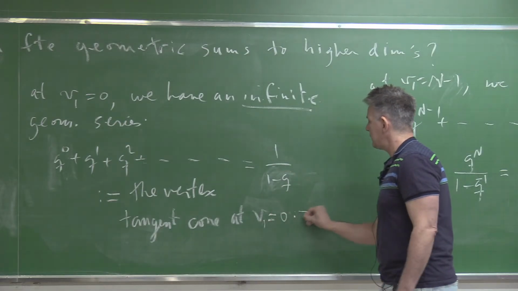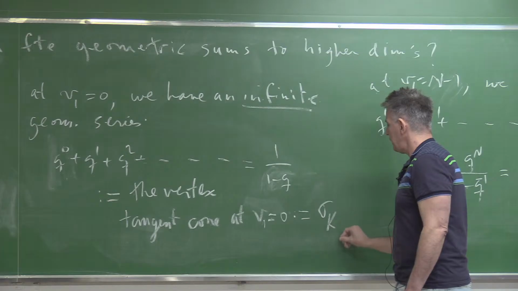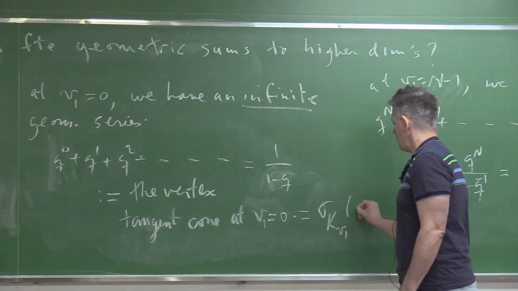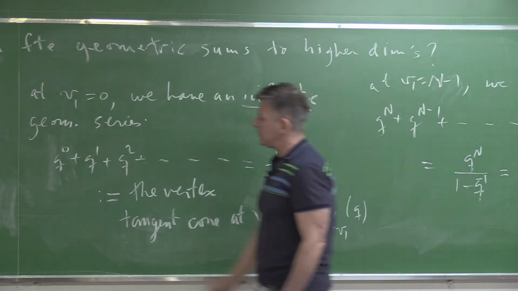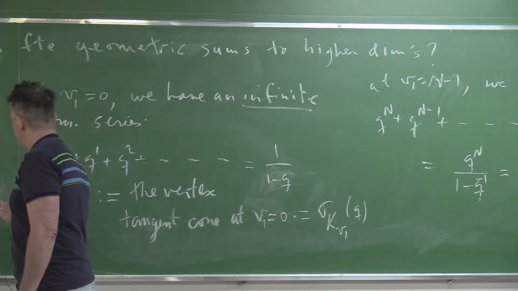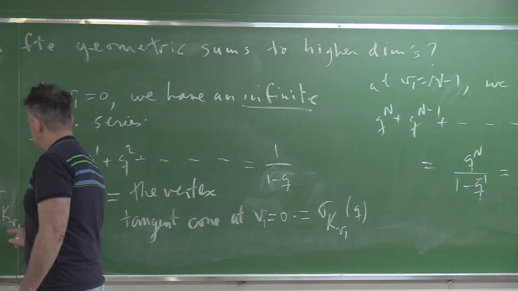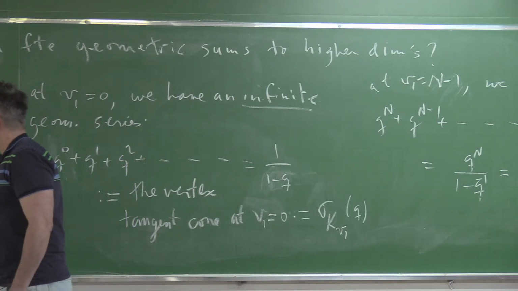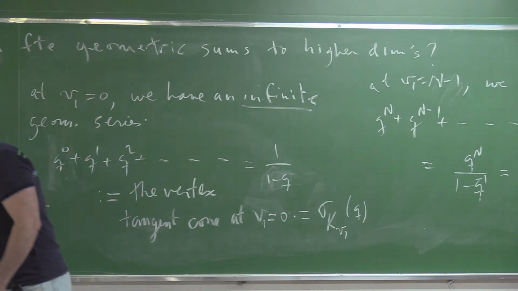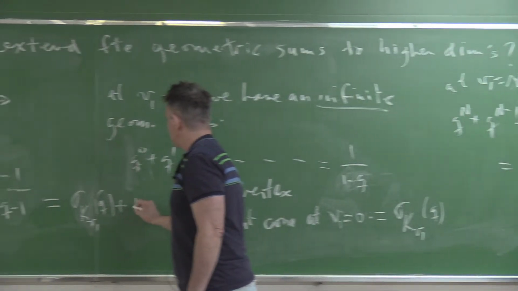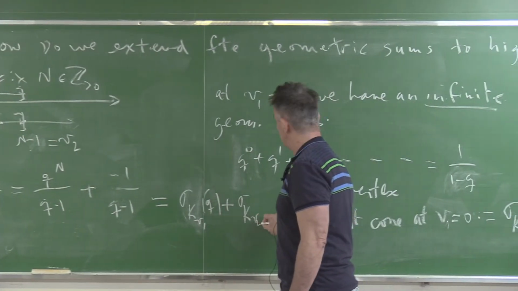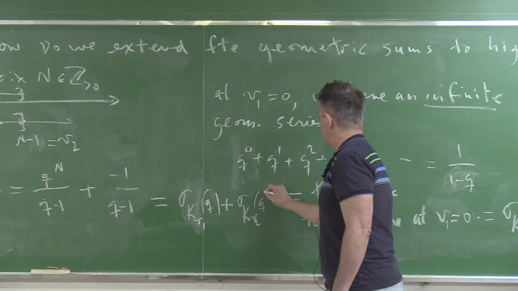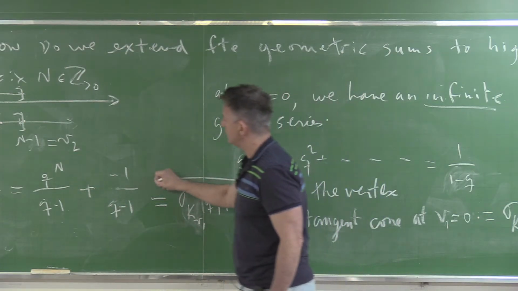So let's call this sigma k vertex 1 of q. Okay, so this is equal to sigma, the tangent cone at v1 of q, plus sigma of the tangent cone at v2, at this vertex of q.